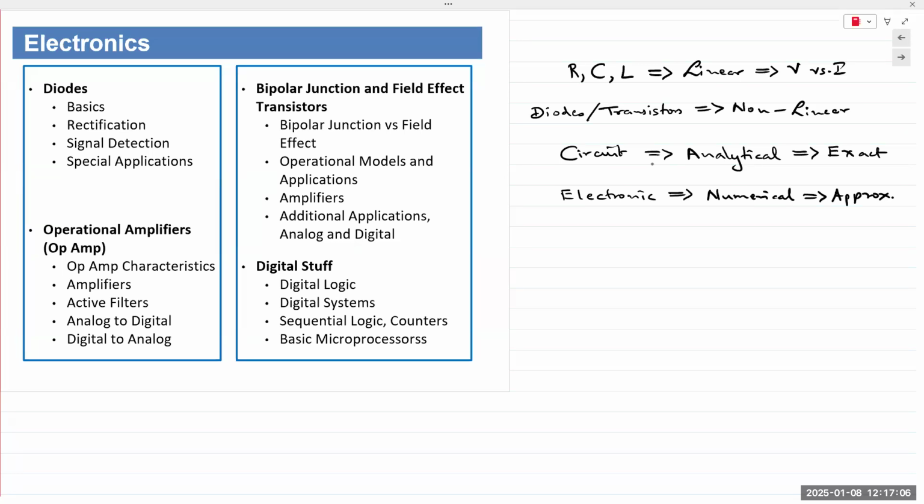Each electronic device that we'll study in this class can be described using several different models. All of those models are different, but they are still true. Depending on our use case scenario, we can pick and choose which model we want to use. Diodes, for instance, we can use an on-off state of a diode to perform a quick and easy analysis.